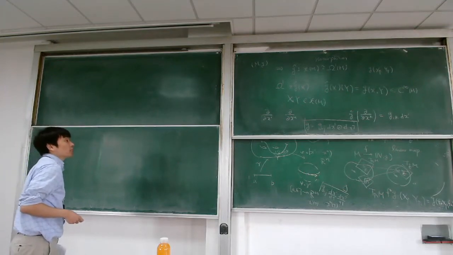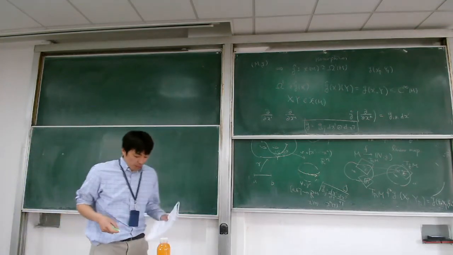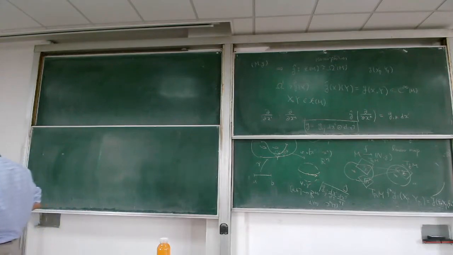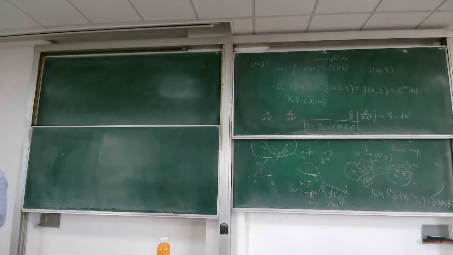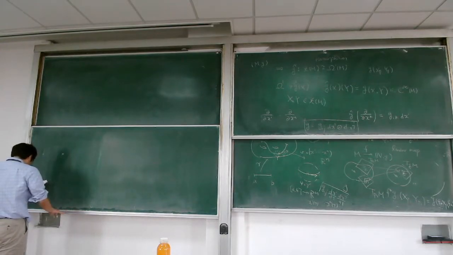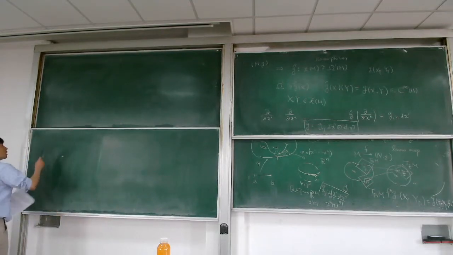So now we saw the isomorphism between vector field and the one form. And then I just want to introduce the notion of the so-called gradient vector field.